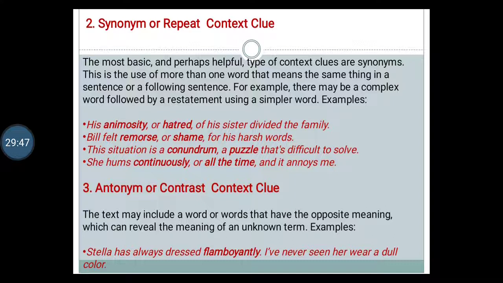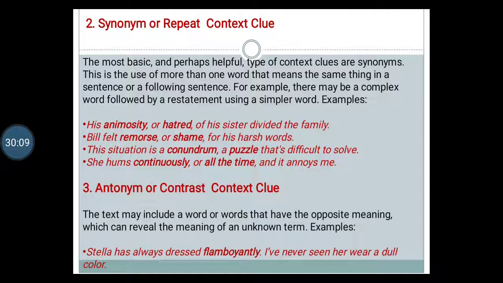Because if I don't know the meaning of animosity, but I know what hatred means, okay, yes, I can look for a simpler word that can replace hatred. And if it means the same thing as hatred in this particular context, it could serve for animosity.